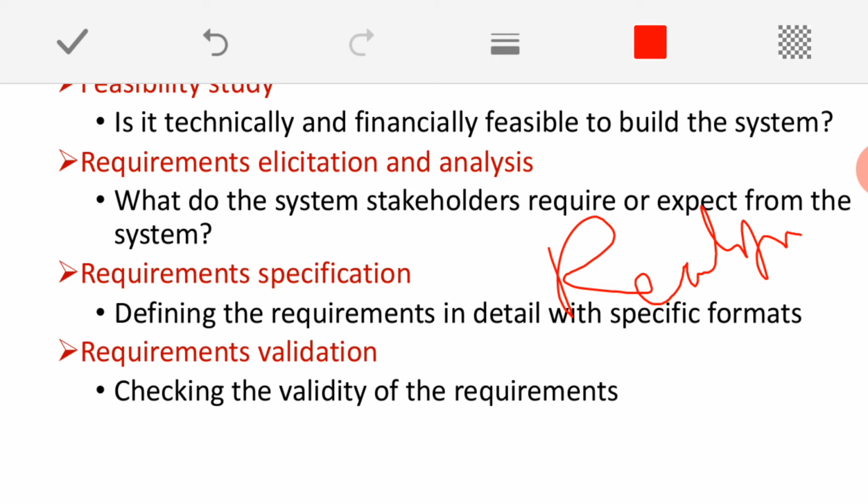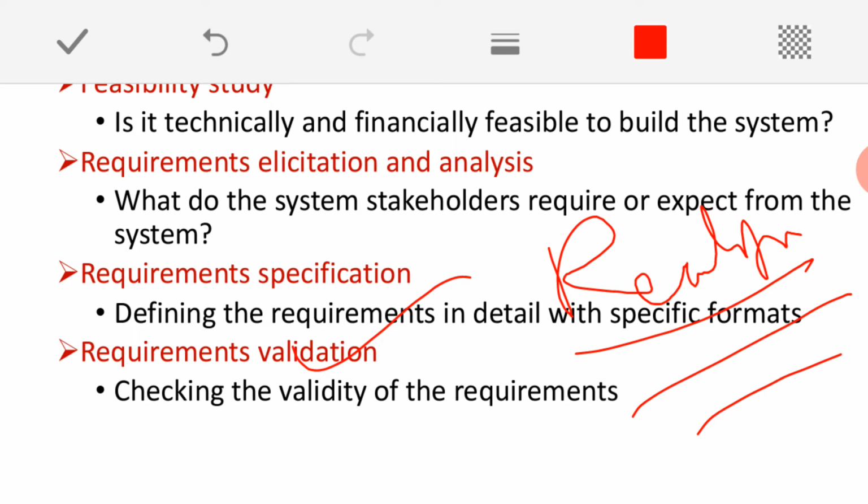Every requirement which has been defined should undergo these three types of checking. One, whether the defined requirement is realistic or not, that is realism. Second, whether the defined requirement is consistent or not. And third, whether the defined requirement is complete or not. We need to check these three while performing validation.